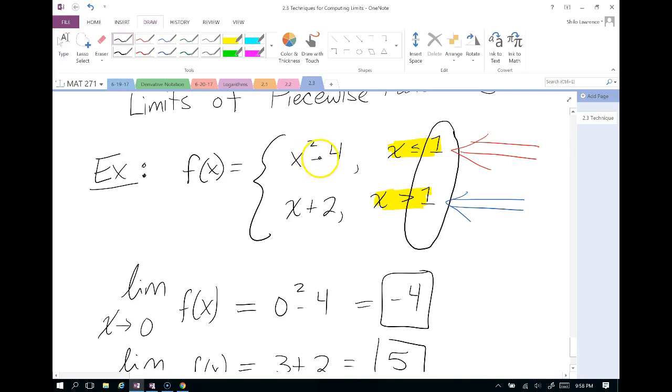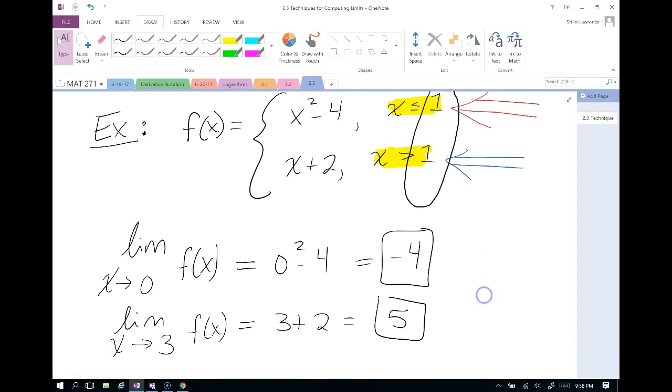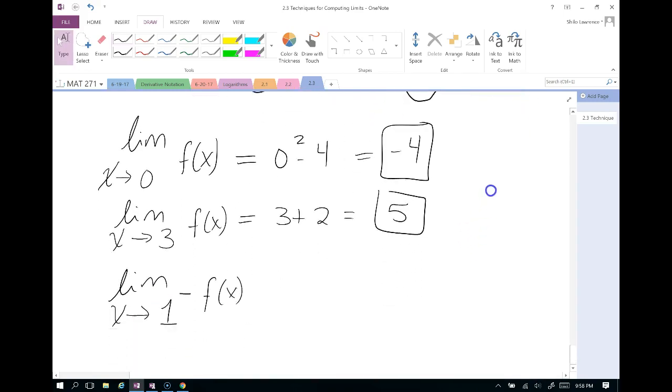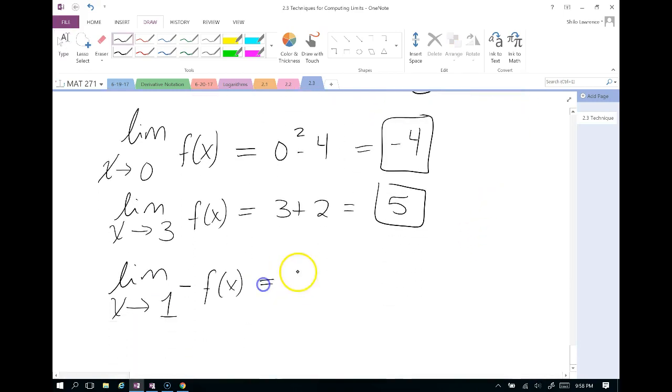It would be the first piece. So to figure out the left-hand limit, or the left-sided limit, we would plug 1 into the first piece. So we would say 1 squared minus 4, which is -3.